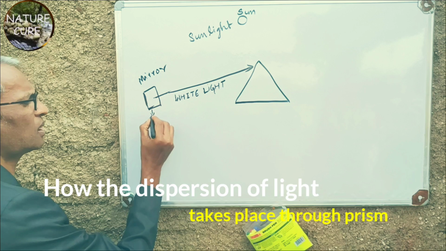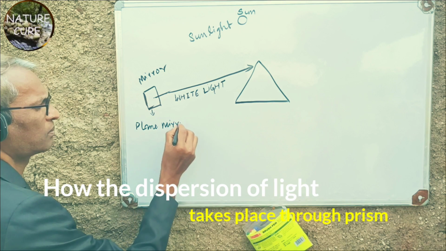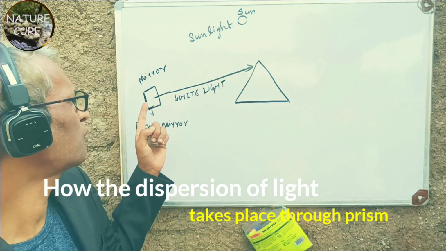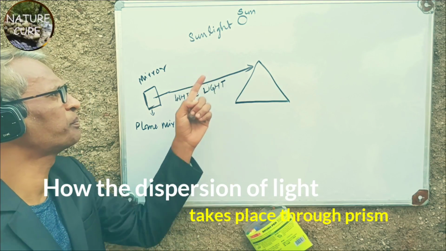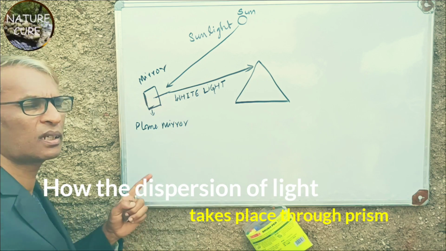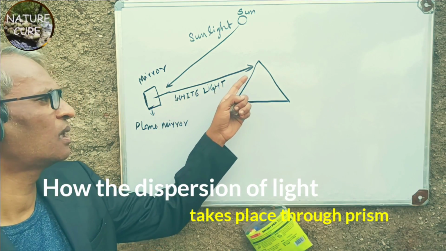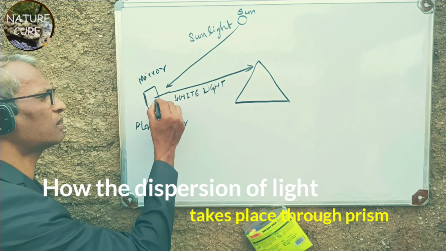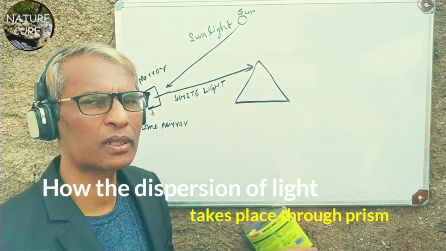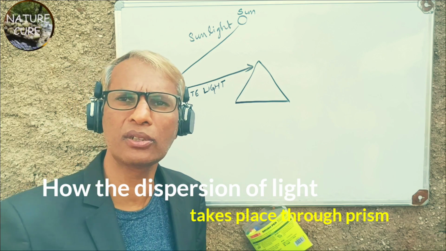So the white light coming from the sun falls over this plane mirror and gets reflected, and from this mirror the light is focused over the prism. When this white light is focused over the prism, it gets dispersed into 7 distinguished colors.